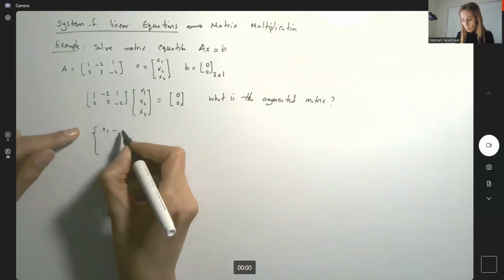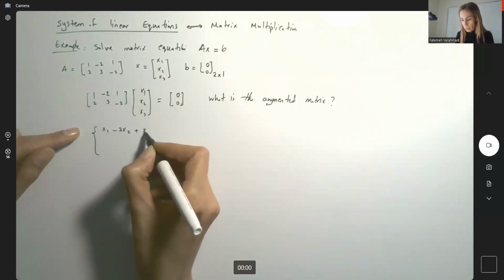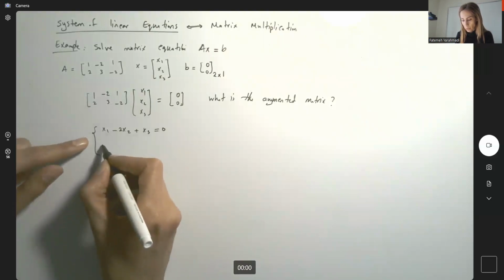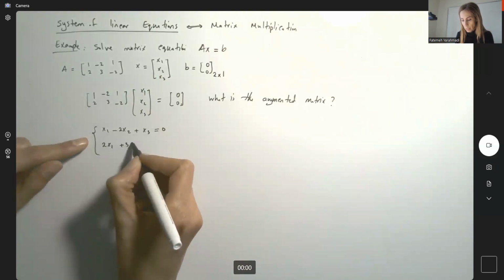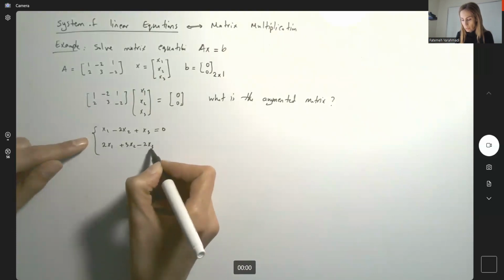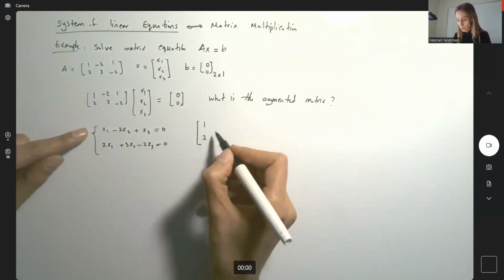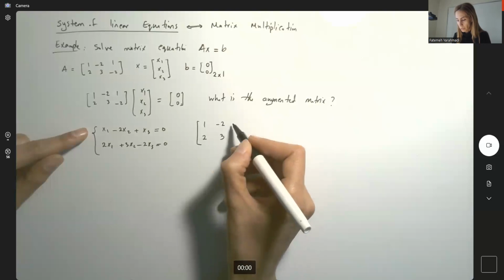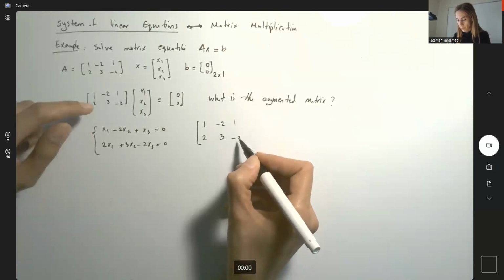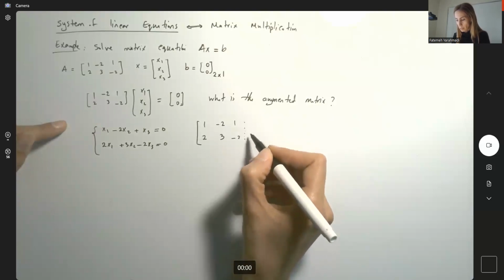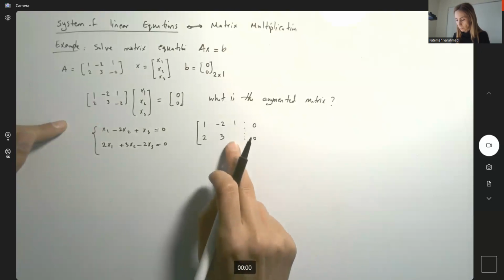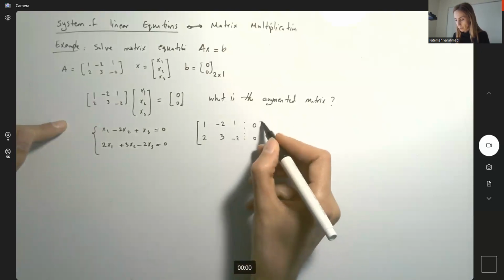As you know, x1 minus 2x2 plus x3 equals 0, and 2x1 plus 3x2 minus 2x3 equals 0. So the augmented matrix that you can form is 1, negative 2, 1, 2, 3, negative 2, and you're going to add 0 and 0 down here.